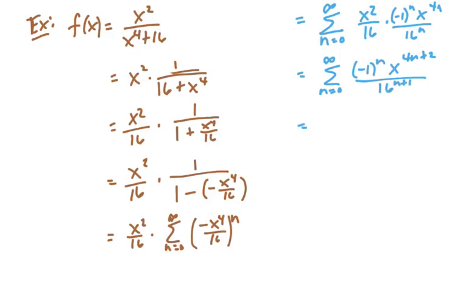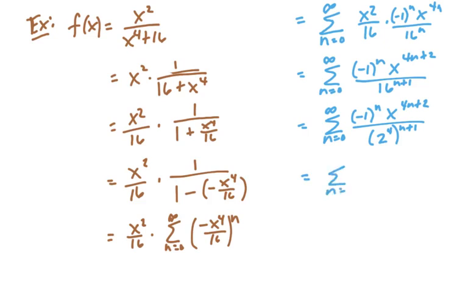Well, 16 is a power of 2. So we have negative 1 to the n, x to the 4n plus 2 over 16 is 2 to the fourth, n plus 1. So then we have the sum from n equals 0 to infinity, negative 1 to the n, x to the 4n plus 2, and 2 to the 4n plus 4.